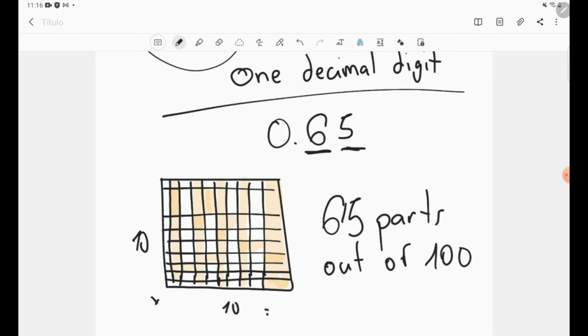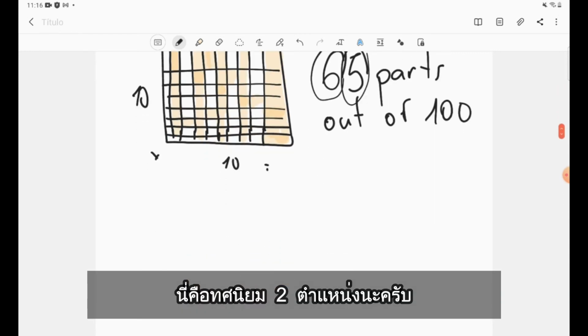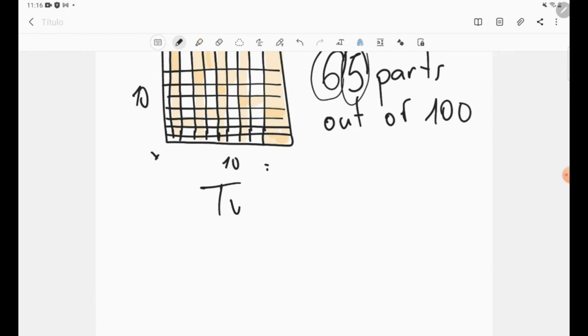As you see, number 6 is in the tenths place and number 5 is in the hundredths place. With this point, these are 2 decimal digits.